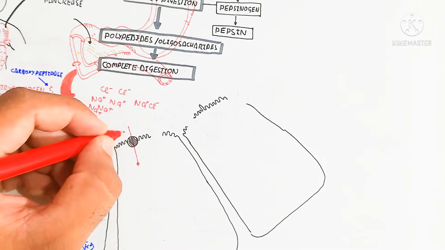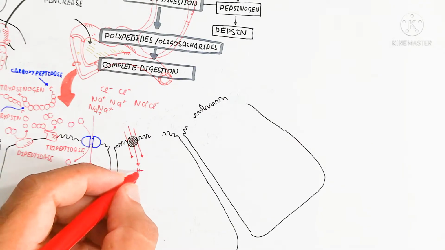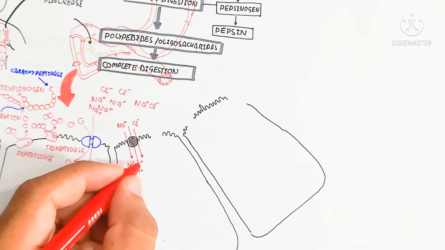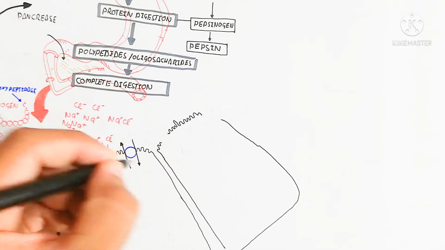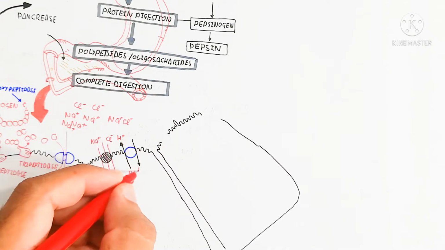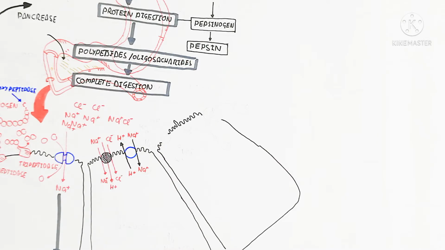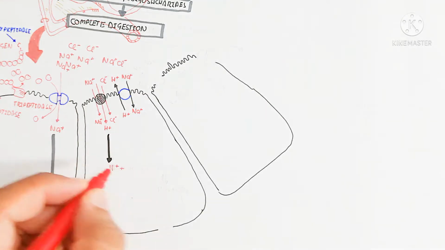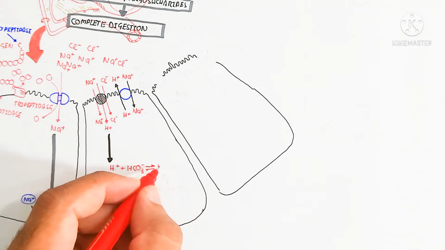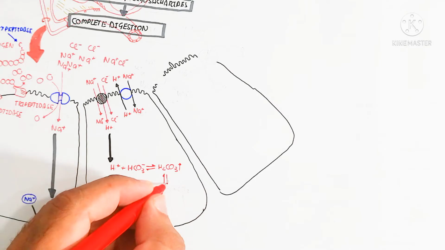Another mechanism is that sodium moves inside by co-transport with the inward movement of chloride as well as the hydrogen ion. More importantly, the hydrogen ion or proton and sodium co-transport uses the ATPase pump for sodium exchange.